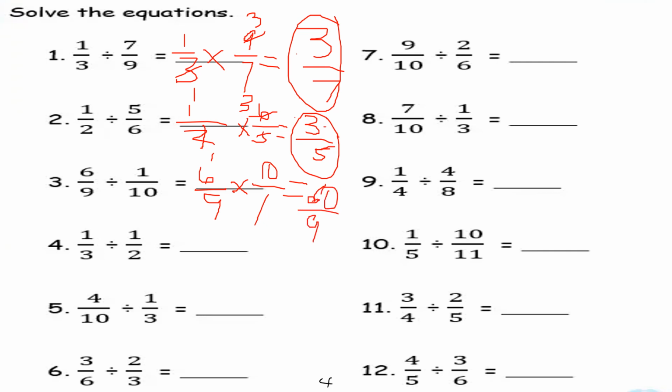For 60 divided by 9, 9, 18, 27, 36, 45... How many 9s?